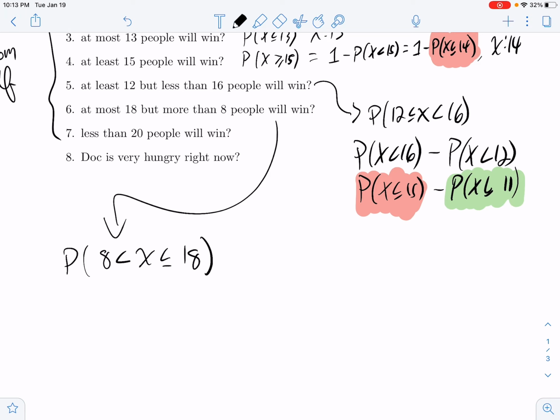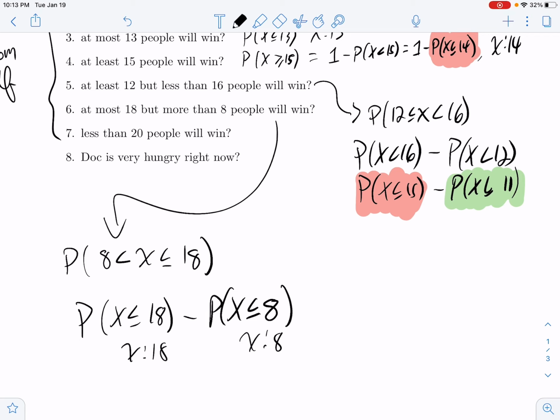So this will be the probability that X is less than or equal to 18 minus the probability that X is less than or equal to 8, because the smallest X can be is 9, so the opposite of that is less than or equal to 8. And then I could do just these two binom CDFs with X is 18 and X is 8.